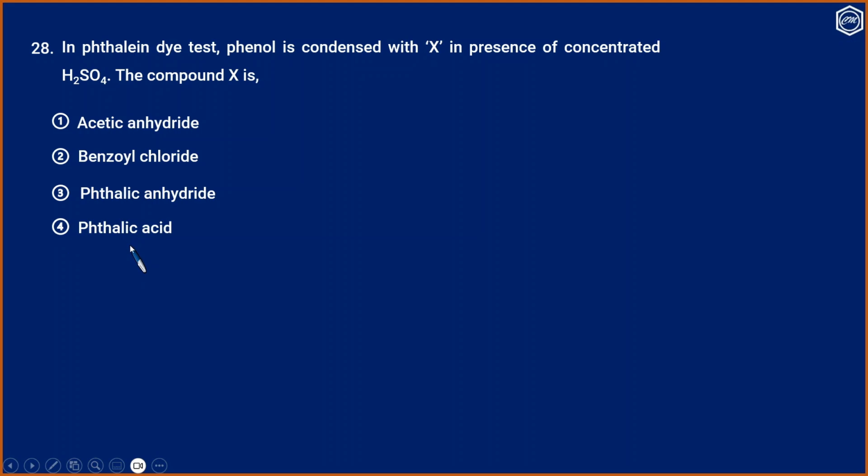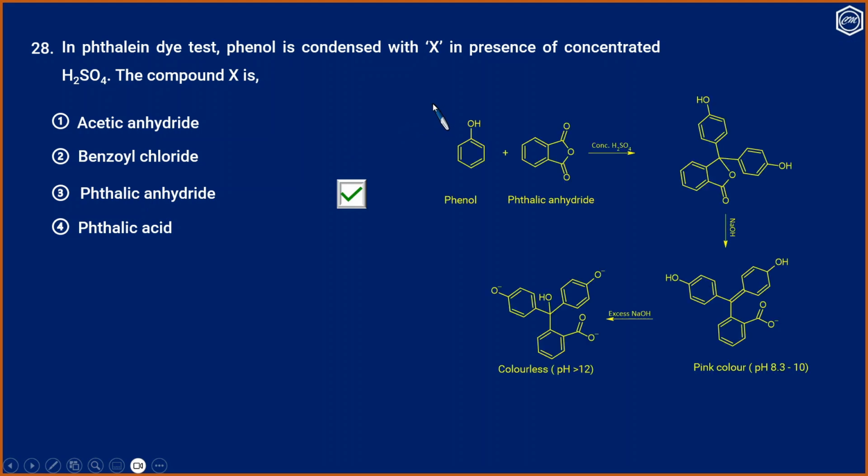So phenol condenses with phthalic anhydride, giving phenolphthalein. So option 3 is the correct answer. So the reaction is phenol plus phthalic anhydride. We get this compound, and this is the pink colored compound, and that pink color occurs in the pH range of 8.3 to 10. If you add excess of sodium hydroxide, it becomes colorless.